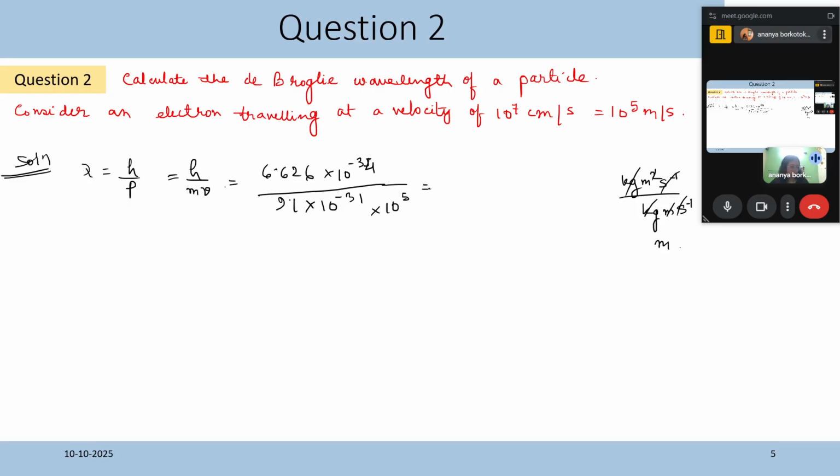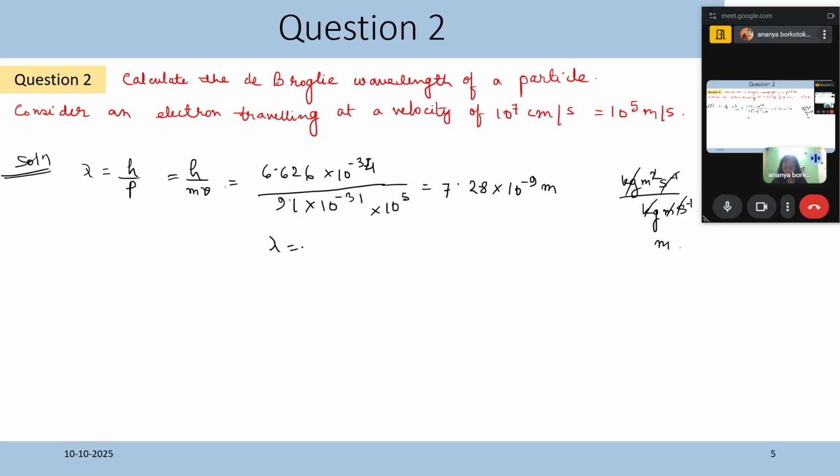So this value will be 6.626 into, this is 7.28 into 10 to the power minus 9 meter.